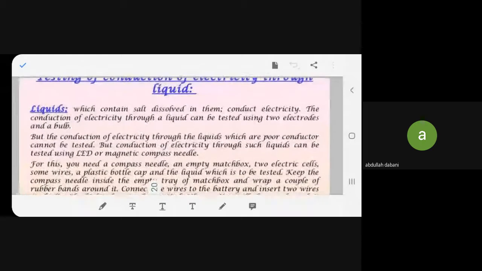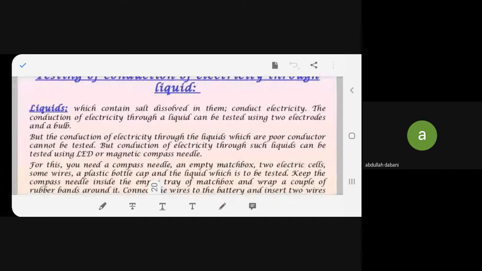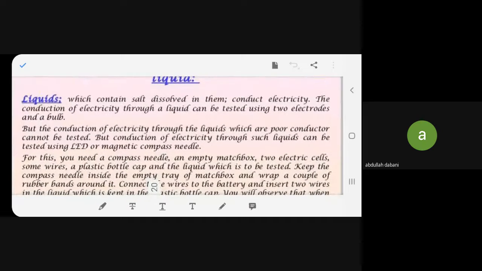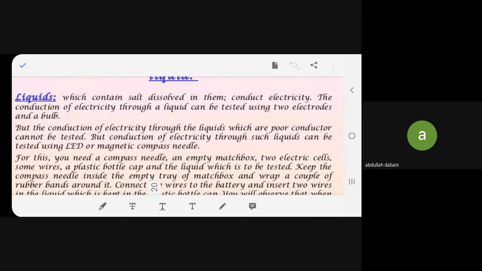So we will do a certain activity to see the conduction of electricity through liquid. Liquids which contain salt dissolved in them conduct electricity.